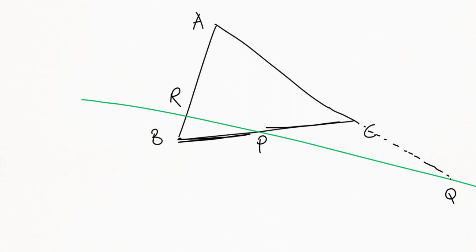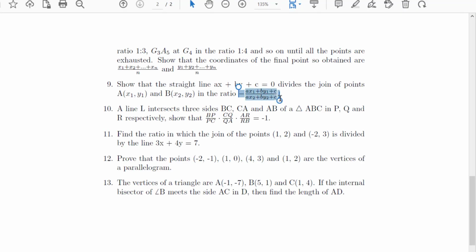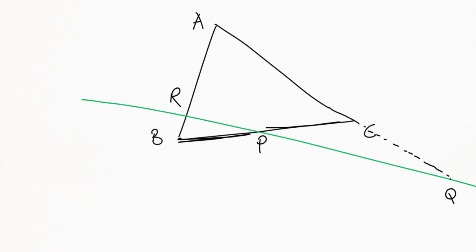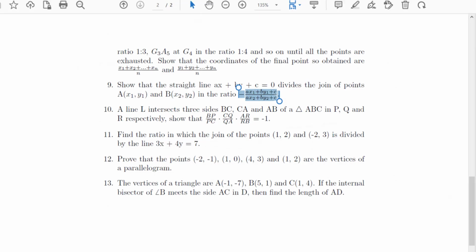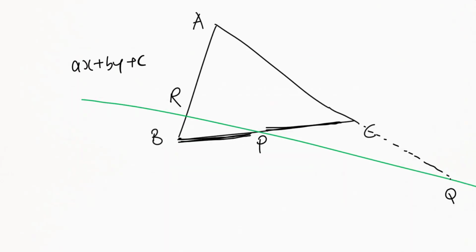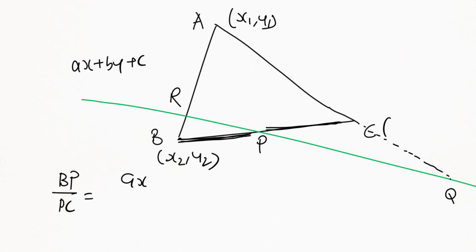We already proved here that any line divides a line segment in a specific ratio. Let's assume the equation of this line is ax plus by plus c. Let's say the points are x1, y1, x2, y2, x3, y3.